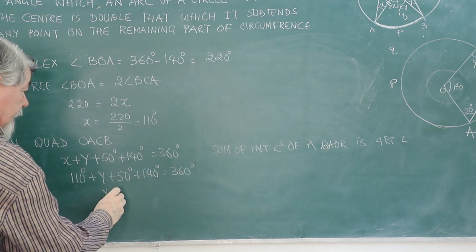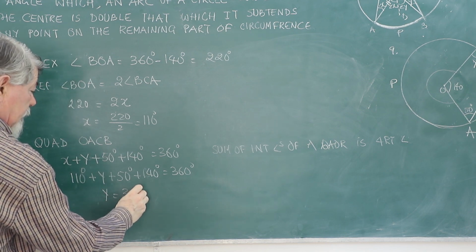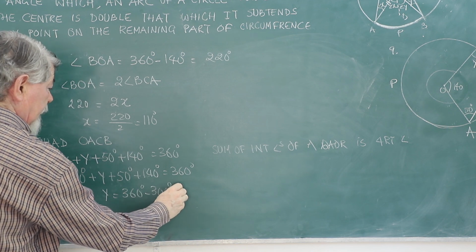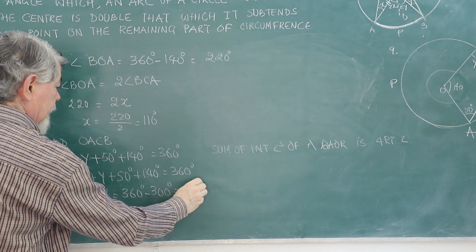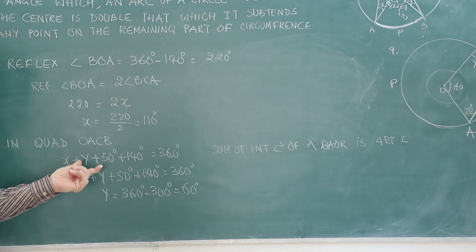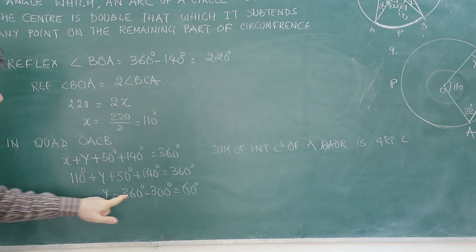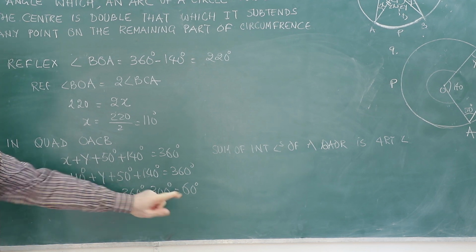So y will be equal to 360 minus 300, and that will be 60 degrees. So the value of x we have calculated as 110, and the value of y we have calculated as 60 degrees.